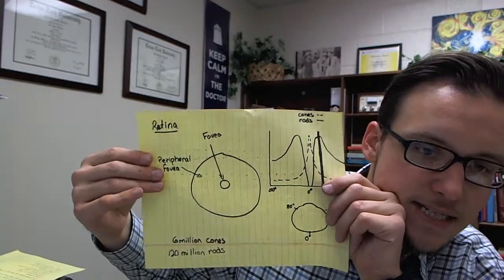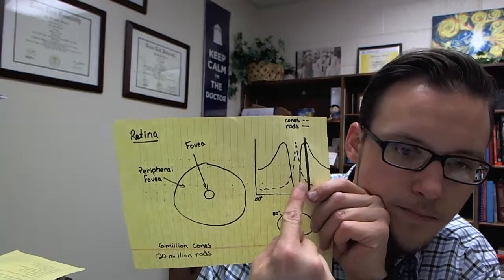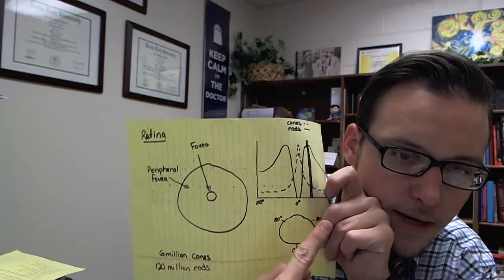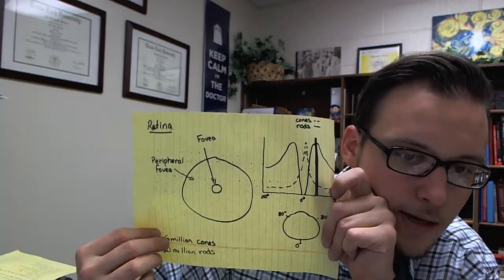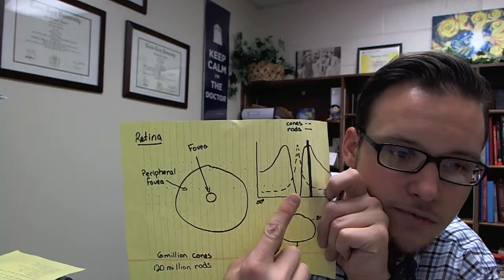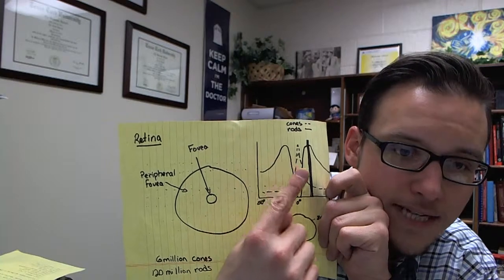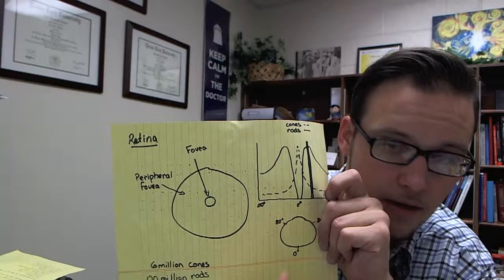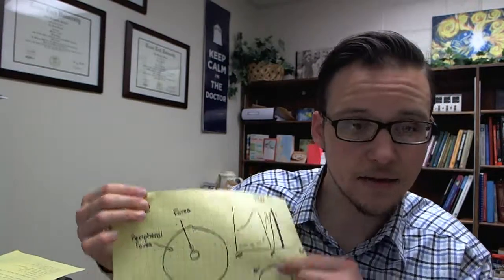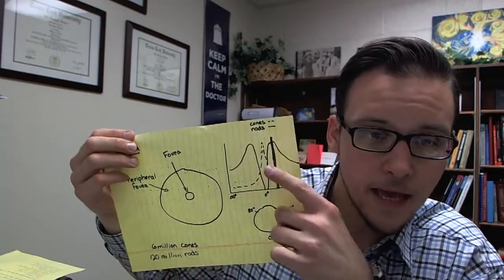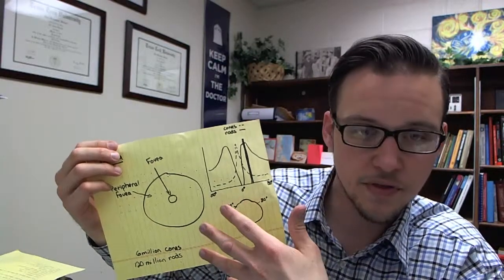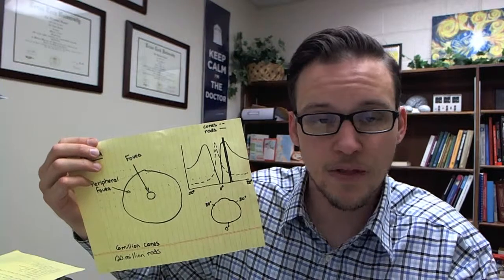So what you can see is that the cones, so here's 0 degrees, here's 80 degrees out here, are far more densely packed at 0 degrees, right behind the front of the eye, and then they fan out. They're still present throughout the eye, but they're not as densely packed.